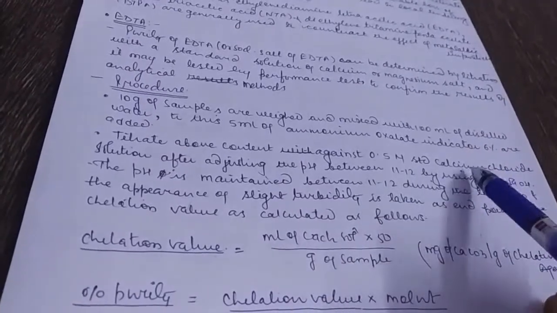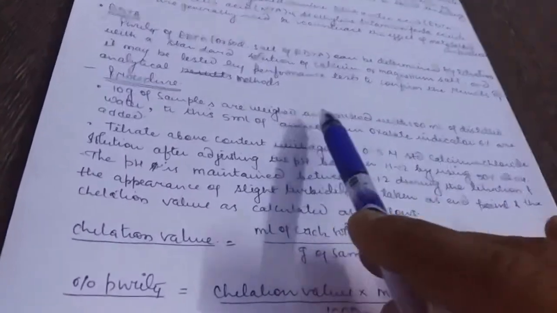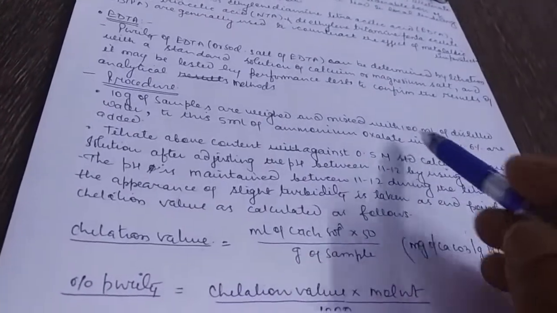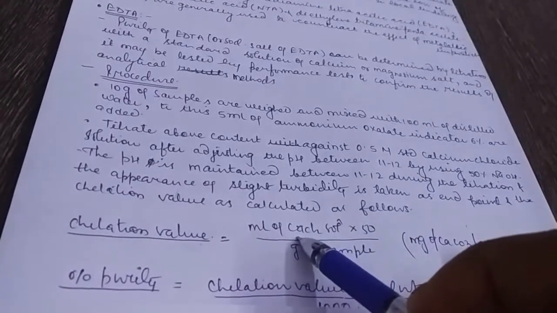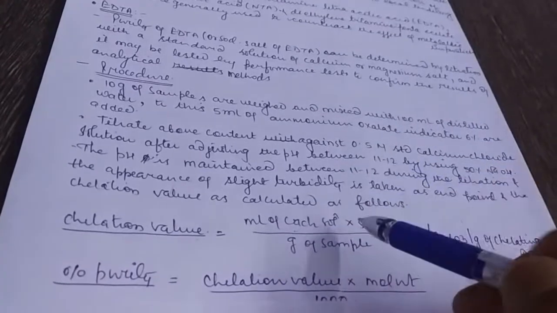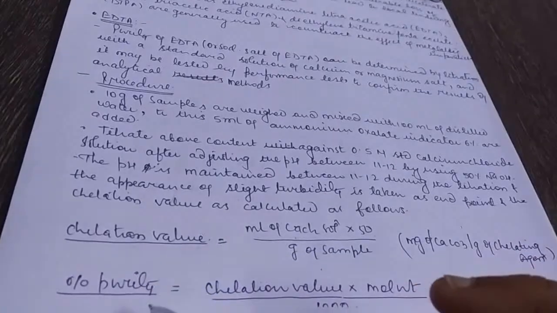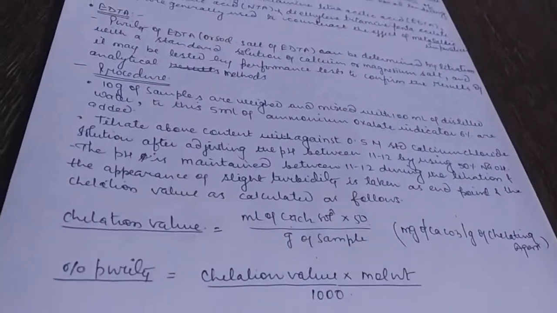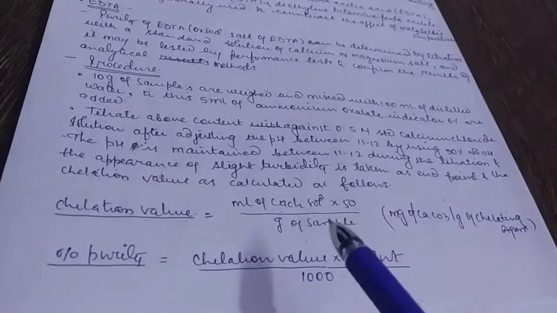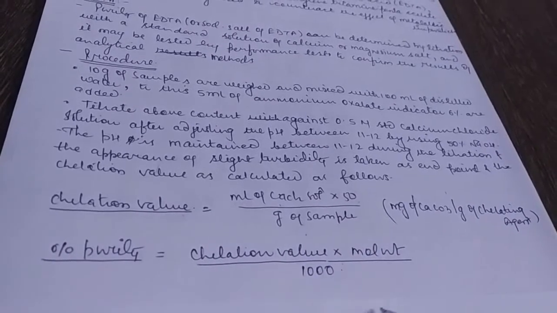In the burette we add the calcium chloride, and in the conical flask we add the sample and ammonium oxalate. The sample is titrated against the calcium chloride. So by this titration we note the ml of calcium chloride solution consumed, multiplied by 50 divided by grams of sample, that is the chelation value. After getting the chelation value, we can calculate the percentage purity: chelation value into molecular weight divided by 1000 is the percentage purity.